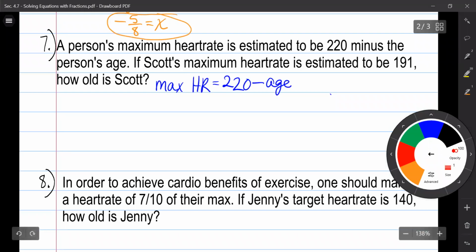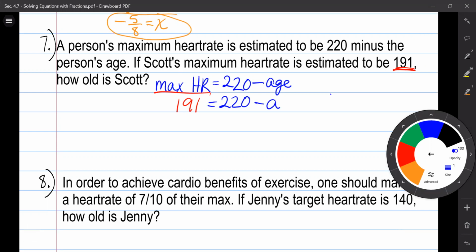And it then says that his max heart rate is 191. So we put 191 equals 220, and I'll just use A for age, 220 minus A. And then I just want to solve that equation for A. So I will subtract 220 from both sides.